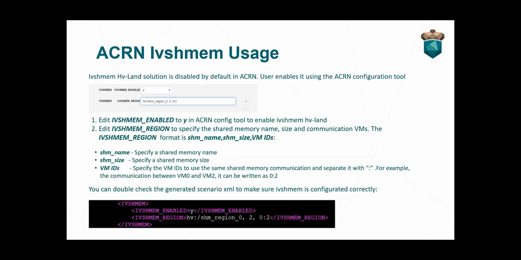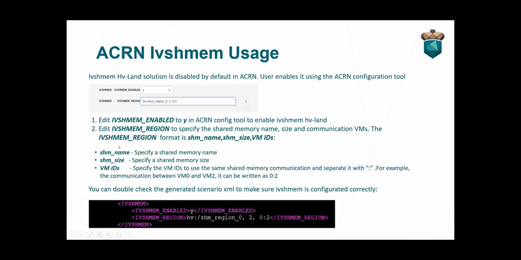It is easy. And for the hypervisor LAN shared memory device, first we must use the config tool to enable it, and we also need to configure the shared memory name, the shared memory size, and which VMs are going to use this shared memory to communicate with each other. So you can use the config tool to enable them and configure such kind of information.